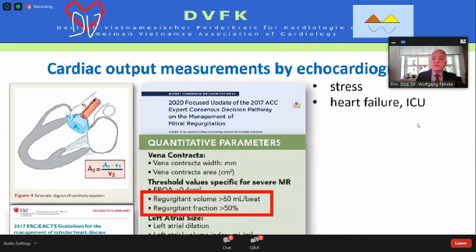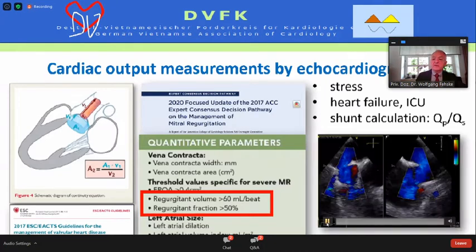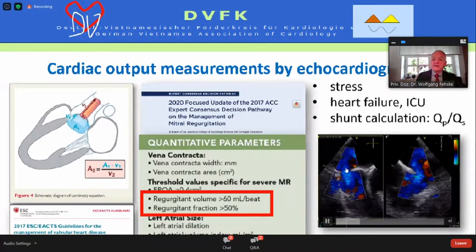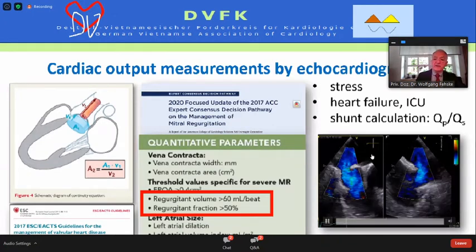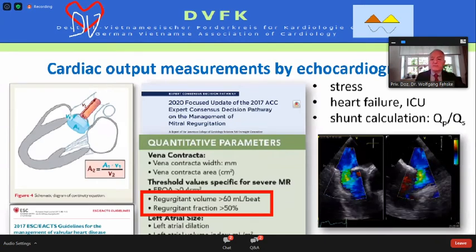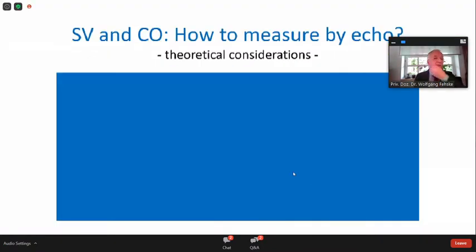We have to know something about cardiac output and shunt calculation. Here you see typically a sinus venosus defect, and we have to calculate the shunt by comparing the flow across the aortic versus the flow across the pulmonary valve. So reasons enough to talk about what we can do with echo for stroke volume and cardiac output measurements.